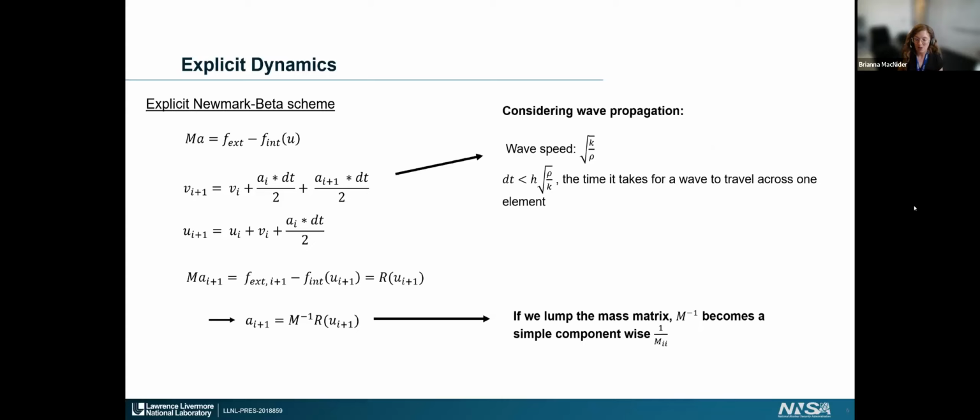So what do we do about these things? For the stable time step, we start off by looking at what we expect the wave speed in our problem to be. If we look at the ratio between the stiffness and the density in our elements, a good enough stable time step should be as long as our dt is less than the amount of time it takes for a wave to travel across one element.